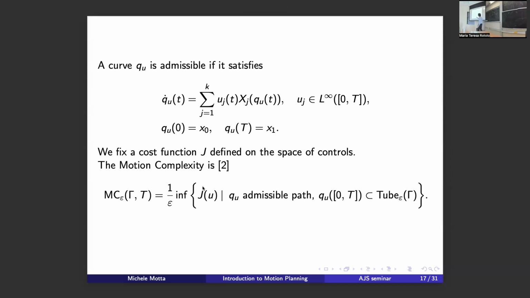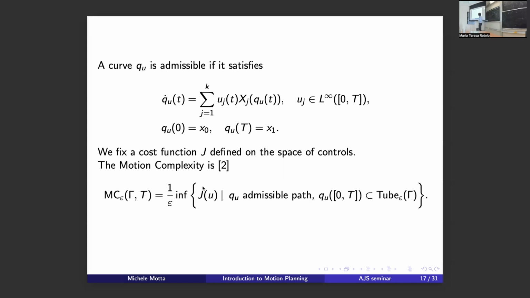You define the motion complexity to be the inf of all possible... You evaluate the cost function on the space of controls, taking into account that the control must correspond to an admissible path. So it goes from the starting point to the final one, solves this system of equations, and then stays also in the tubular neighborhood.